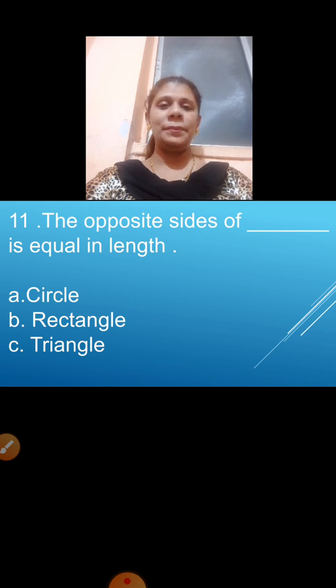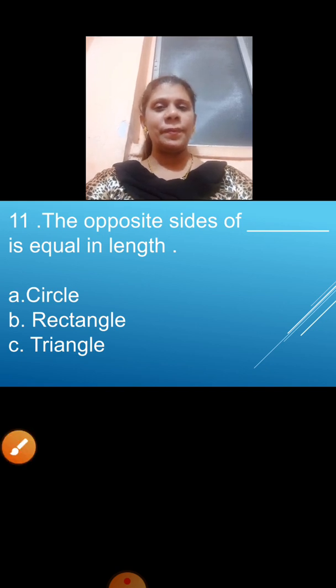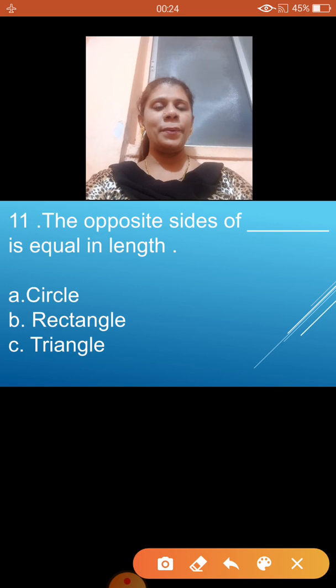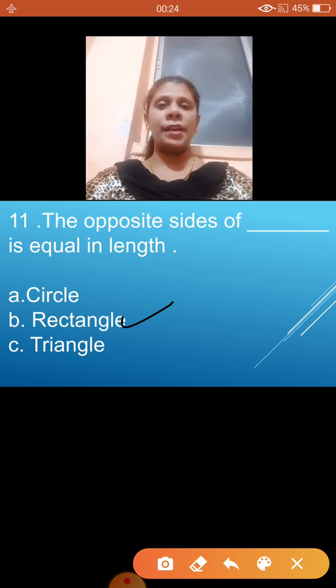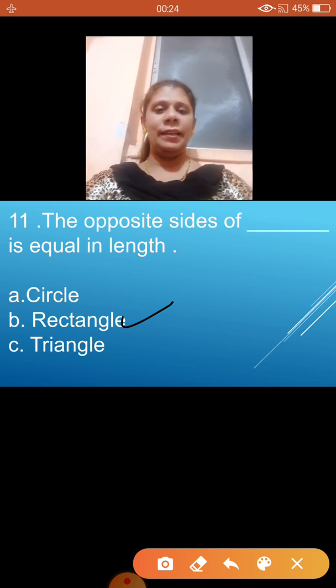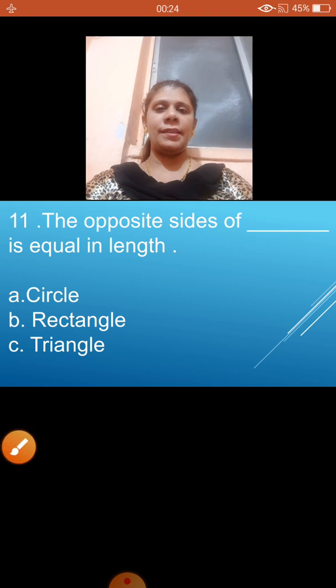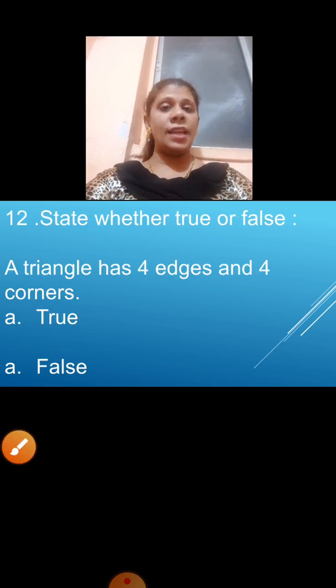Circle, rectangle or triangle? What is the correct answer? Which option we are going to take? Rectangle. Correct. The opposite sides of a rectangle is equal in length. Okay? Next.